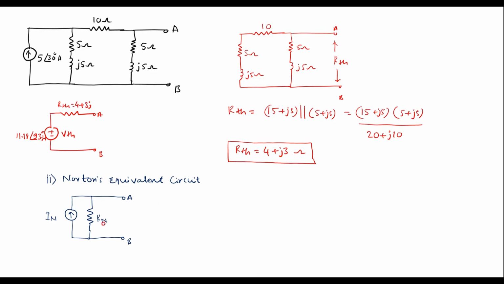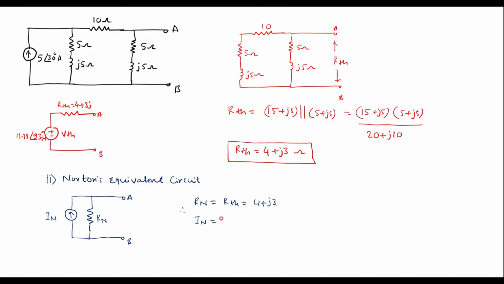And here the Norton's resistance and Thevenin's resistance both are same. Therefore I can say RN is equal to RTH, which is equal to 4 plus J3, and Norton's equivalent current IN is obtained by applying source transformation to Thevenin's equivalent circuit.